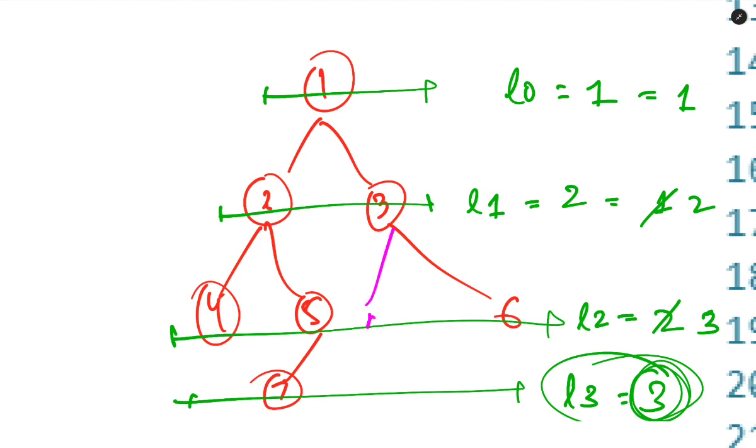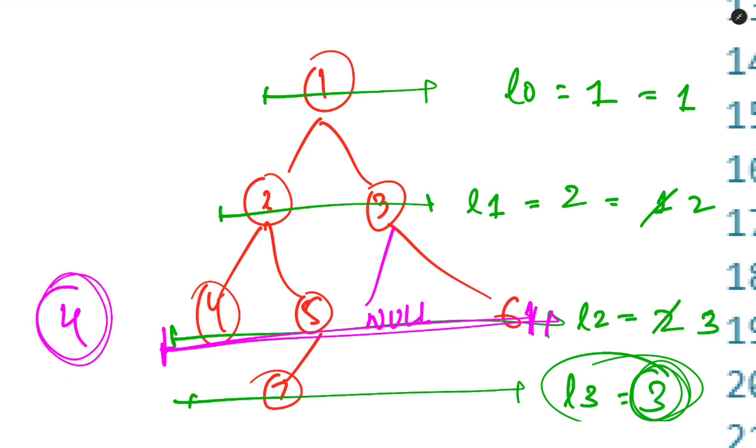For example, we have a null node here, and it lies between two not null nodes like 5 and 6 or 4 and 6. So this level's size, level 2's size, should be 4.